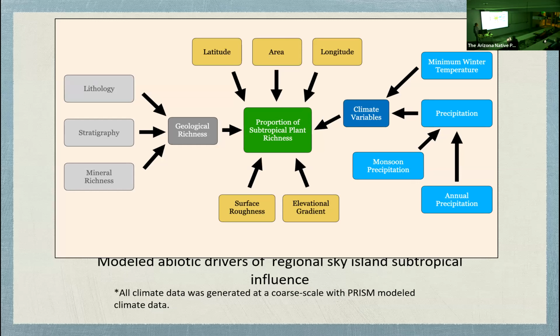Originally, I wanted to look at a real specific area, about 4,000 feet to 5,500 feet, and basically just analyze those areas in each sky island. But when I did that, the climate data was wildly inaccurate. So what I did was come up with a single number for each of these climate figures, very coarse scale, a single number for each sky island using zonal statistics in a GIS.